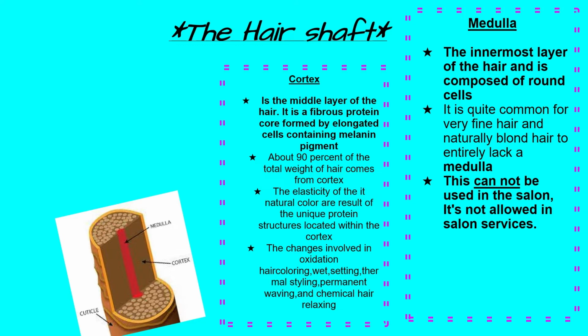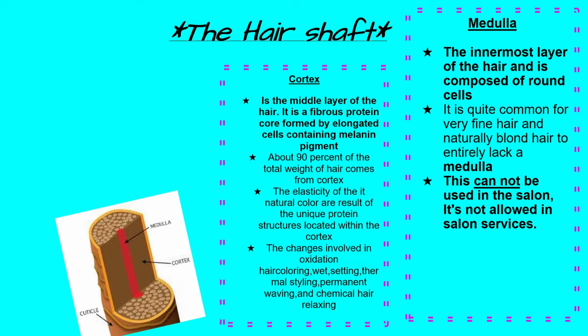The cortex is your middle layer. It has fibrous proteins that are formed by elongating cells containing melanin pigment. It makes up about 90% of the total hair weight.